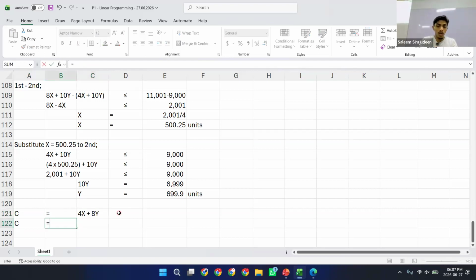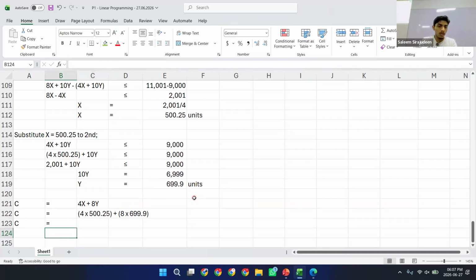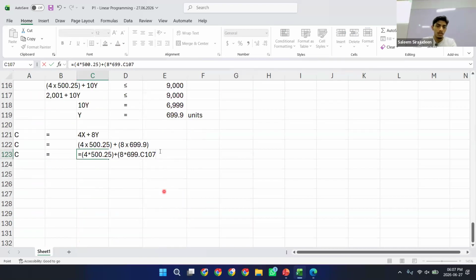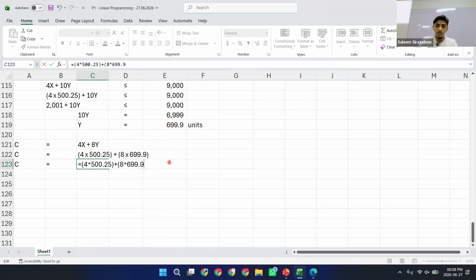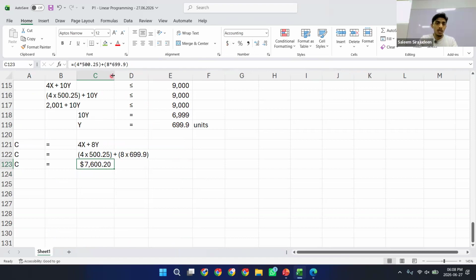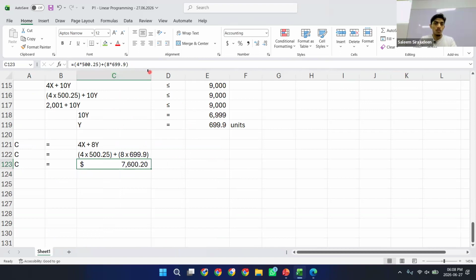Which means C equals 4 into 500.25 plus 8 into 699.9. Then C equals how much? 7,600.20.